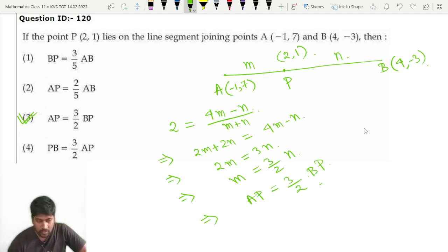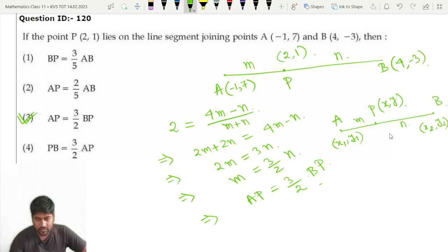If you don't know the formula, I am telling you. Suppose this is a point x1 comma y1, and this is a point x2 comma y2, and suppose this is the point P which divides AB, say this is A, this is B, in the ratio m is to n.